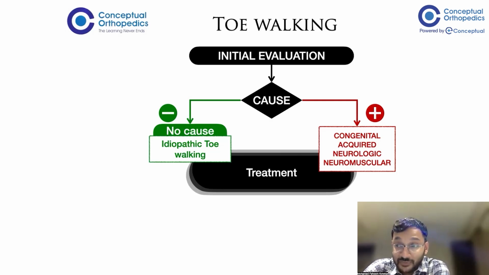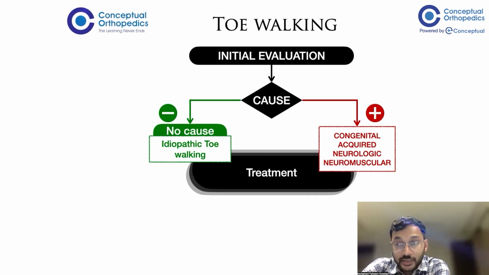So there are many different causes why toe walking can happen. Basically, you need to exclude everything else, and when you exclude everything else, we can call it idiopathic toe walking.